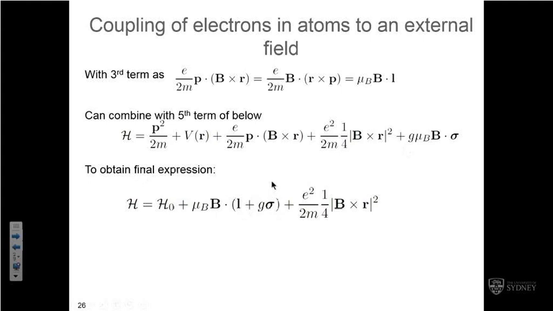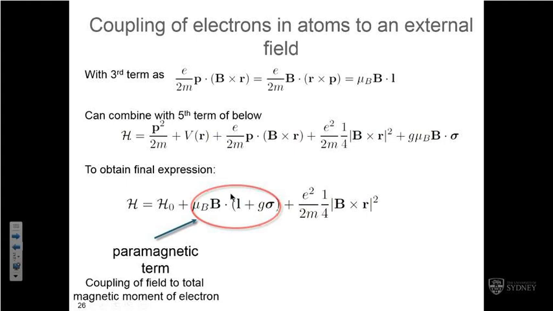Okay, so when we look at this expression for an atom in a magnetic field, the paramagnetic term is this term here. Remember, the paramagnetic term was due to the spins that exist in the atom becoming aligned to the magnetic field. So that second term is the paramagnetic term, and the other term is the diamagnetic term.